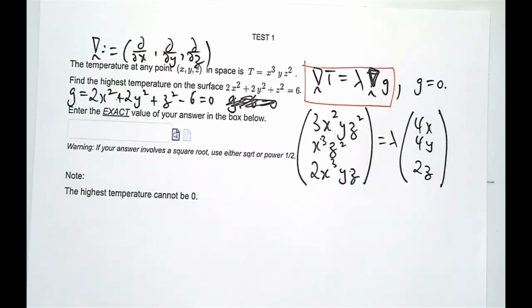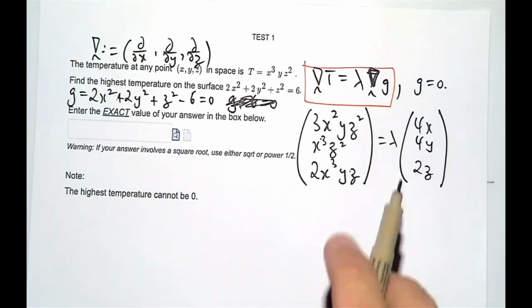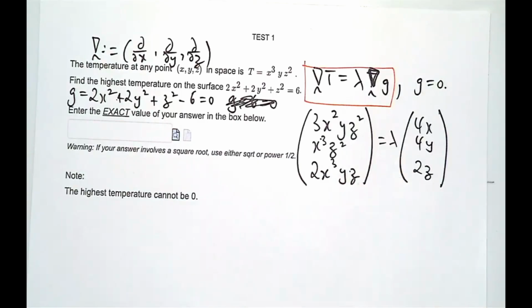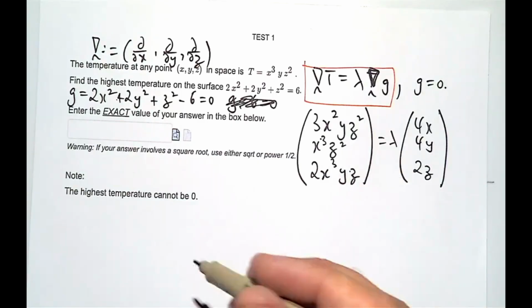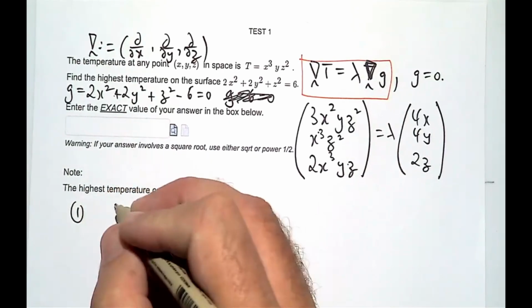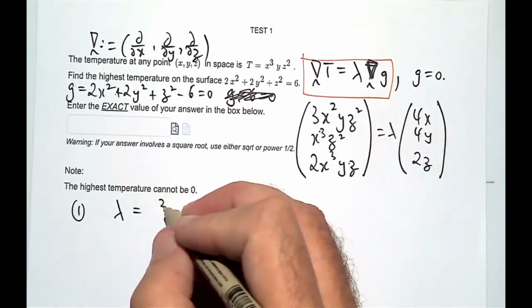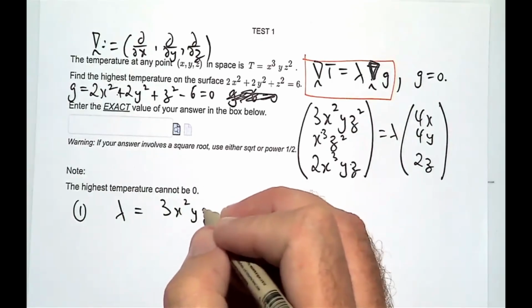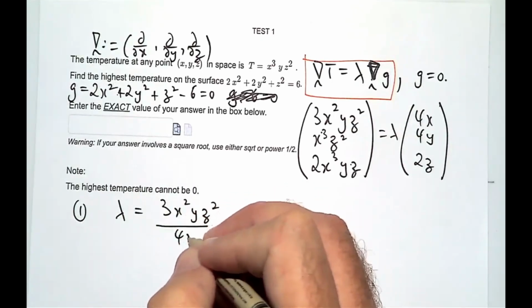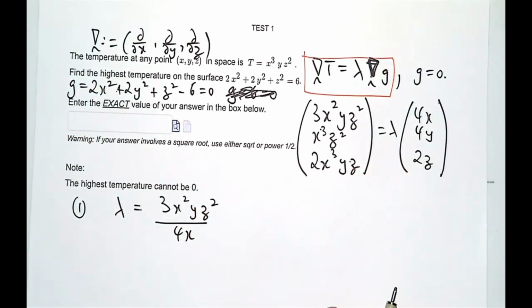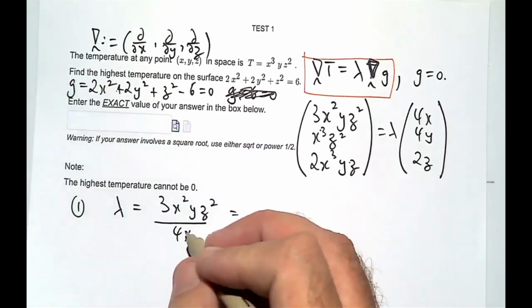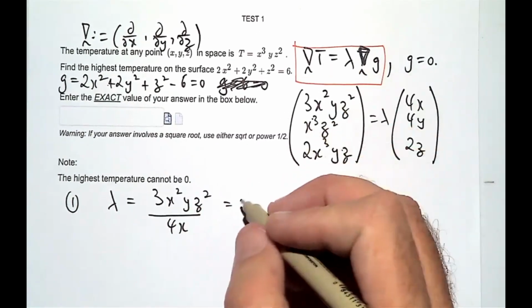Okay, so the way I'm going to solve this is basically by isolating the lambda. So if I do that, watch what happens. So just divide that by 4x. Okay, and I can simplify that. The x is going to cancel out, assuming x isn't 0.